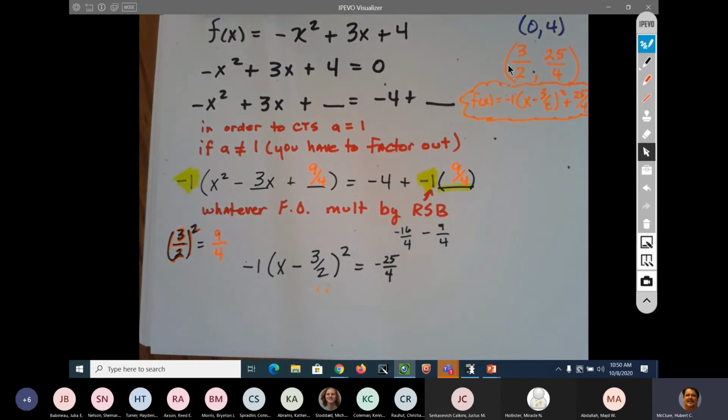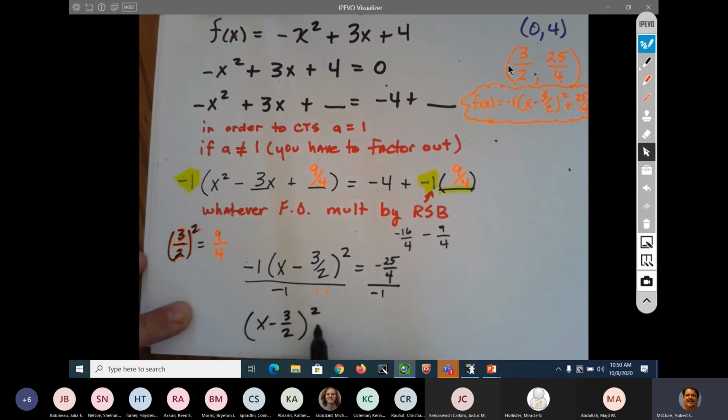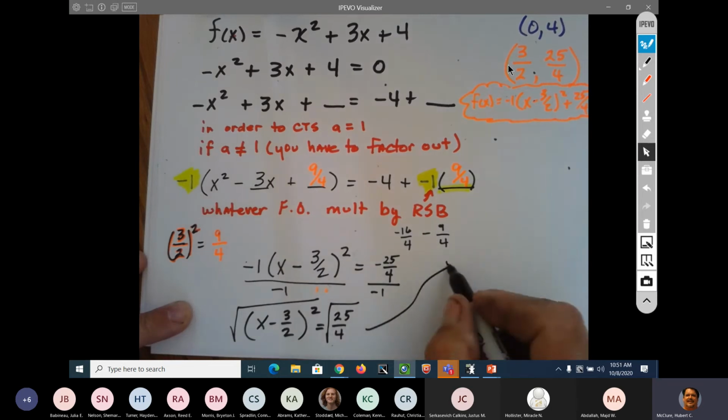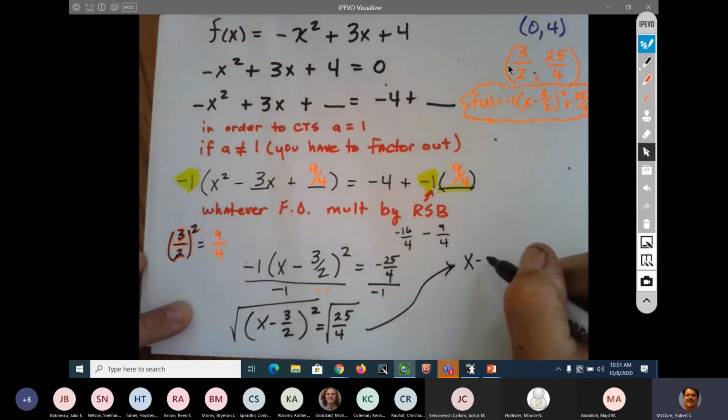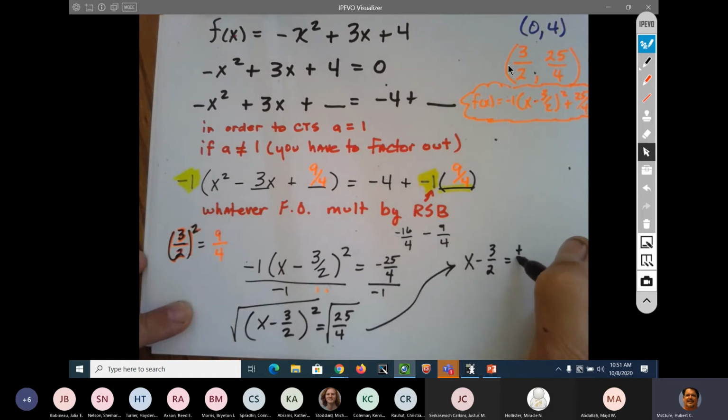Now let's finish it. I'm going to divide by negative 1. That leaves us with x minus 3/2 equal to plus or minus 5/2.